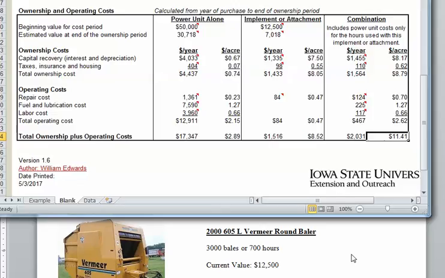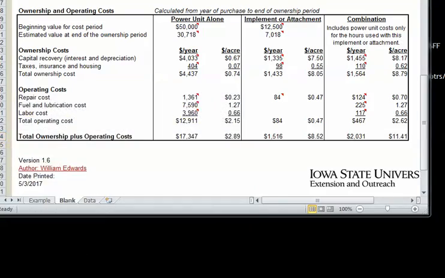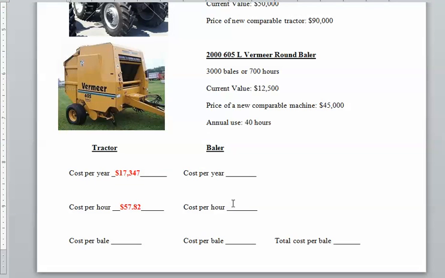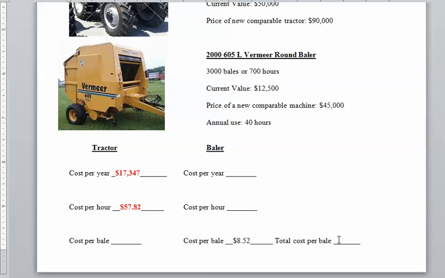Okay, so we could put that information in here. Baler, $8.52. And the big number that we want here is the $11.41 right there. We use all these numbers to come up with that answer right there.